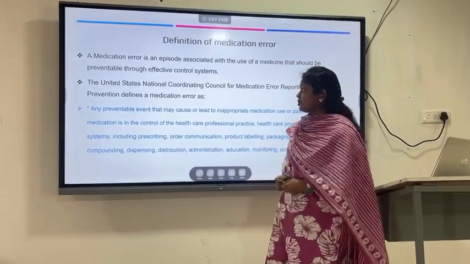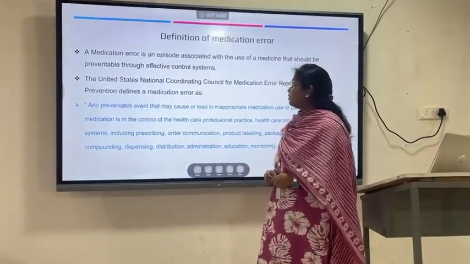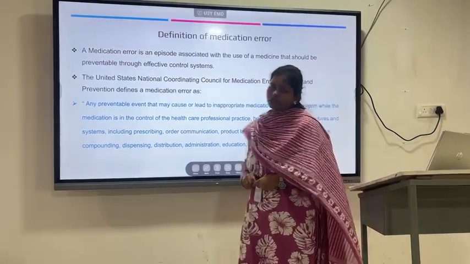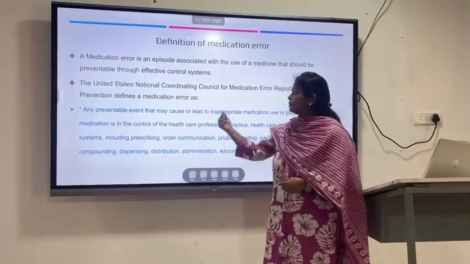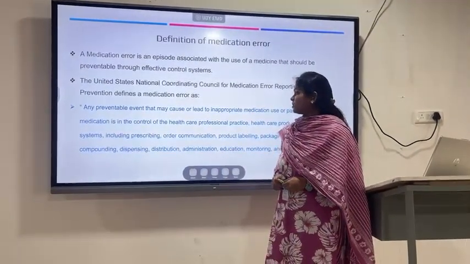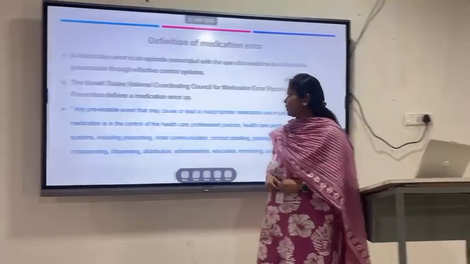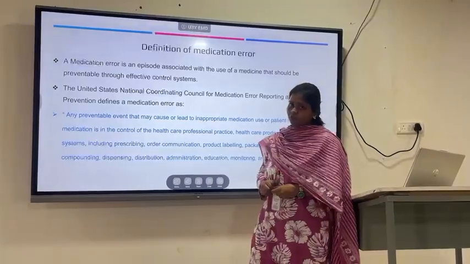Now the definition. A medication error is an episode associated with the use of medicine that should be preventable through effective control systems. According to the United States National Coordinating Council, a medication error is defined as any preventable event that may cause or lead to inappropriate use of medication.